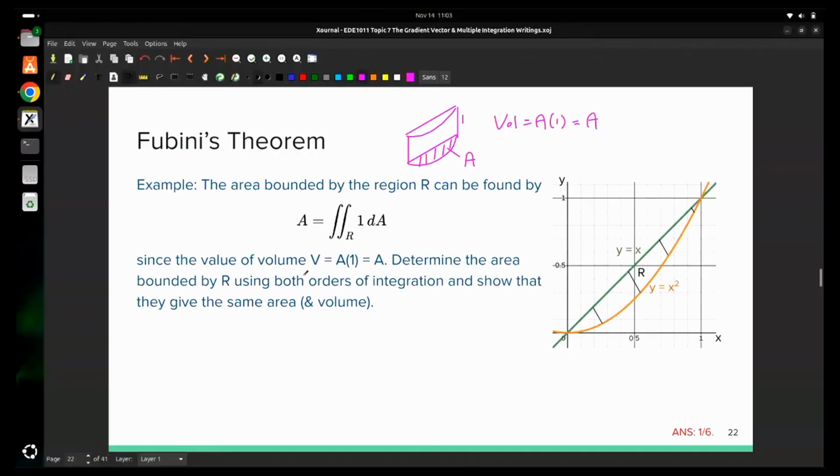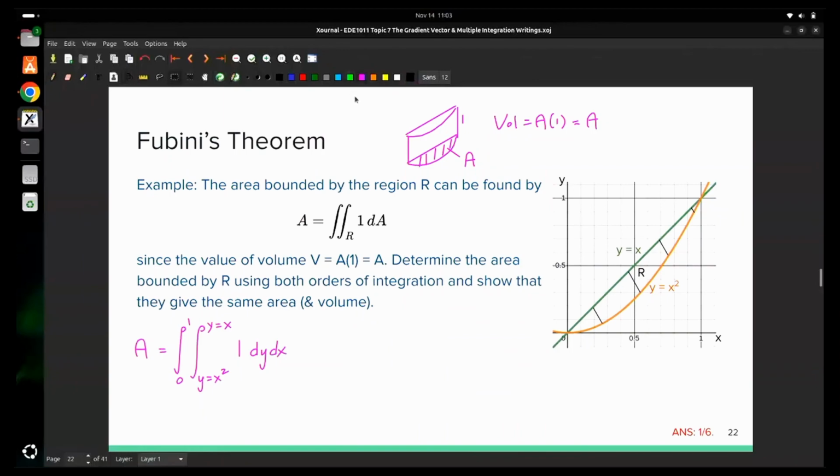Okay, so let us find the area now. The area A, as I mentioned, I'm going to do with respect to, let's say, vertical first. So vertical first means y goes from x squared to x. Then I just integrate 1, so I have dy dx, and x must be from 0 to 1, as explained previously.